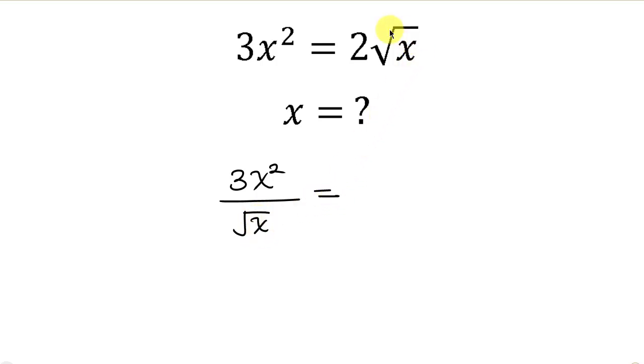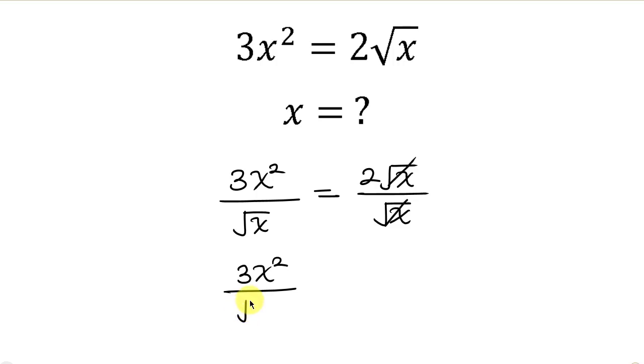This is equal to the right hand side, we have 2 times the square root of x. We're going to divide by the square root of x. Now notice that the square root of x cancels out so that we have 3x squared all over the square root of x to be equal to, now we are left with 2 on the right hand side.